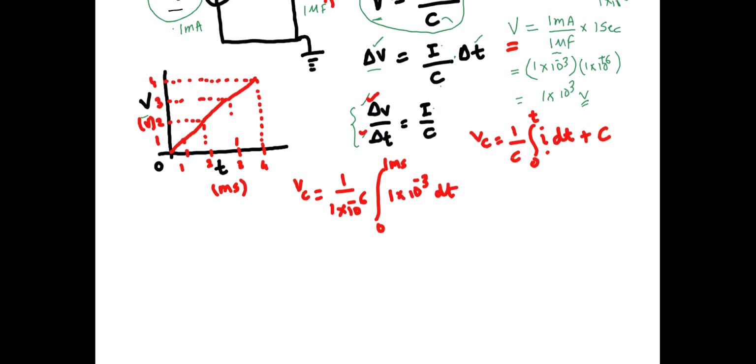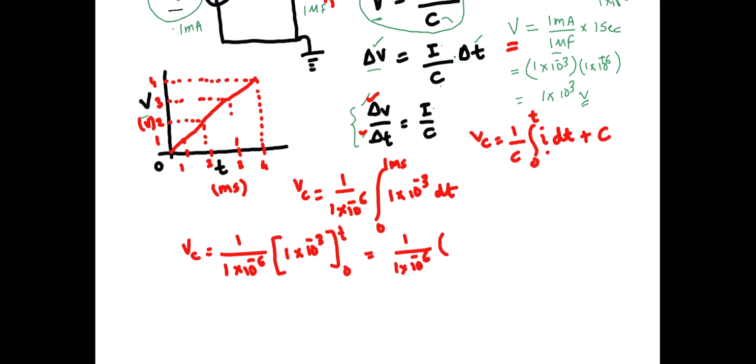So VC will be equal to 1 over 1 into 10 to the power minus 6, and you integrate the current, 1 into 10 to the power minus 3, from 0 to t. Now you have the limits to put in.